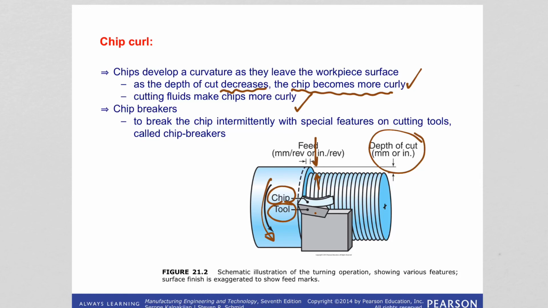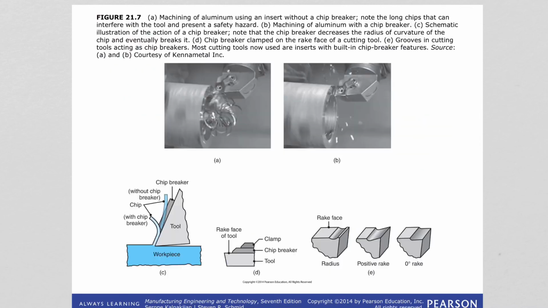Therefore, there are some features added to cutting tools, and these are called chip breakers. Chip breakers break the chip intermittently with special features on cutting tools.